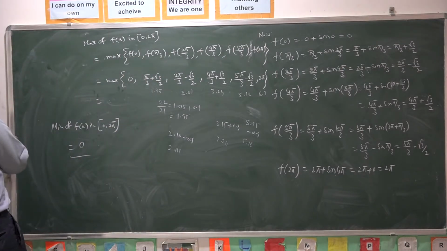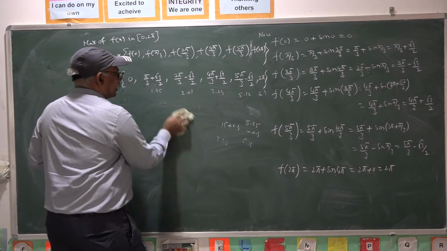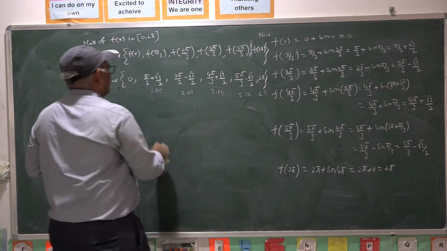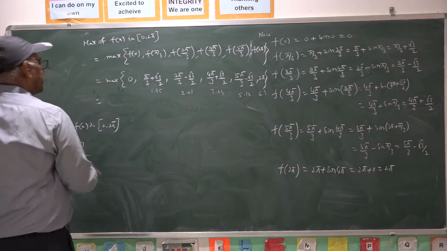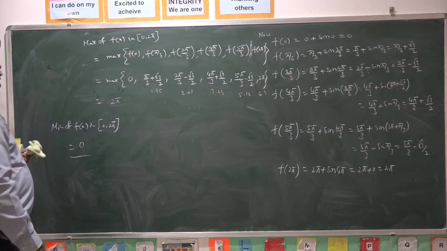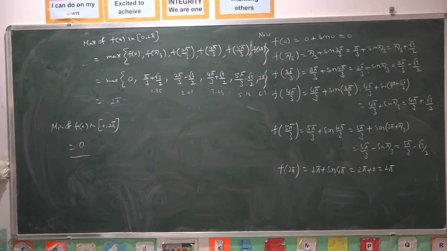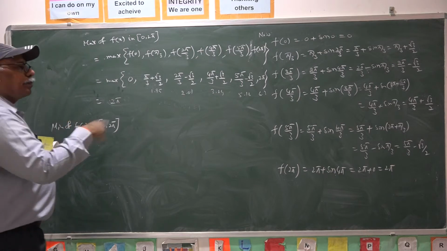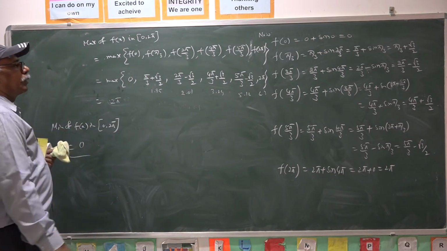So out of these values, the maximum is 6.3, that means 2 pi. The minimum is clearly 0. Maximum is obtained at 2 pi and minimum is obtained at 0. At the end values, it is taking maximum and minimum.